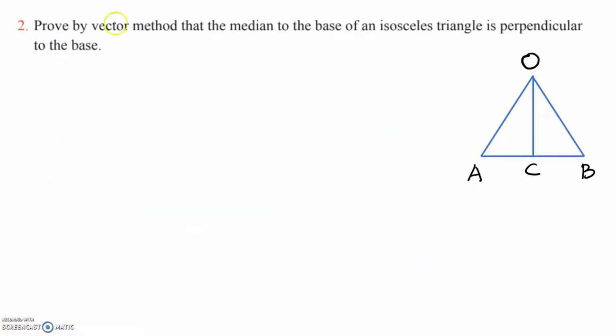In this problem, it says prove by vector method that the median to the base of an isosceles triangle is perpendicular to the base. So I've already drawn the diagram for you here.